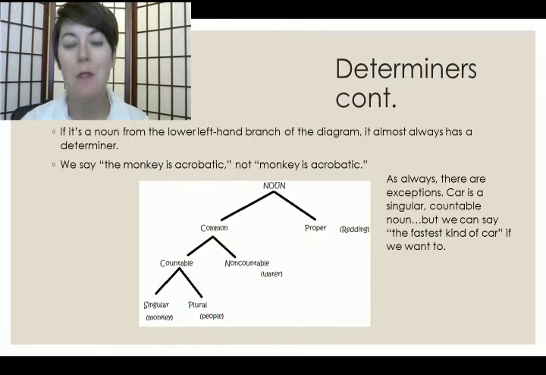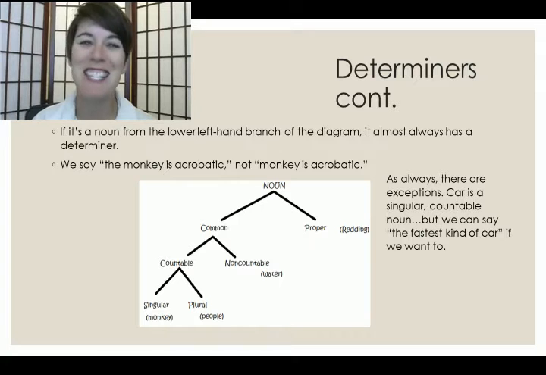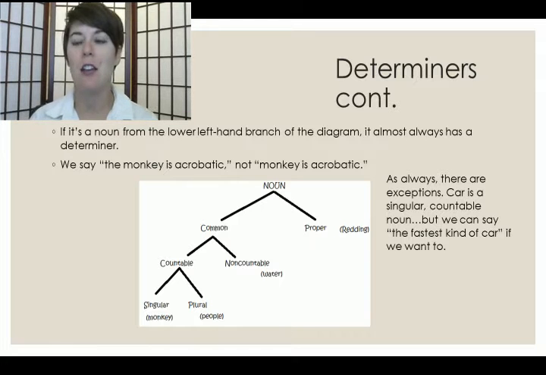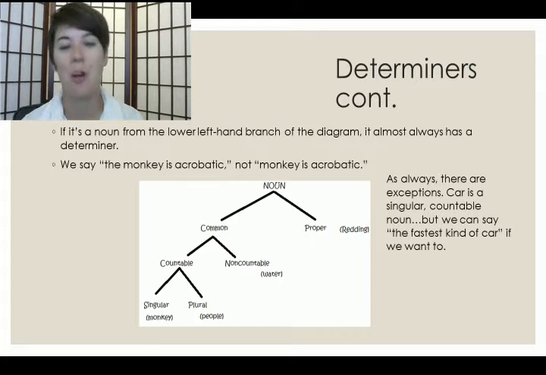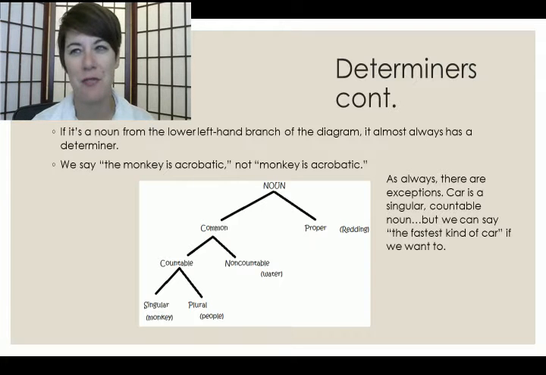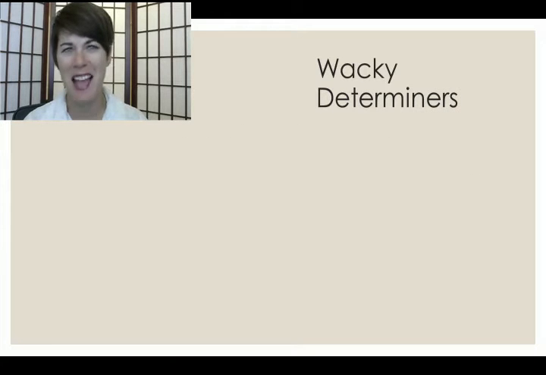We wouldn't say that. But as always, there are exceptions. For example, car is a singular countable noun, but we could absolutely say the fastest kind of car if we wanted to. We wouldn't have to say the fastest kind of the car or a car if we didn't want to. So always exceptions.